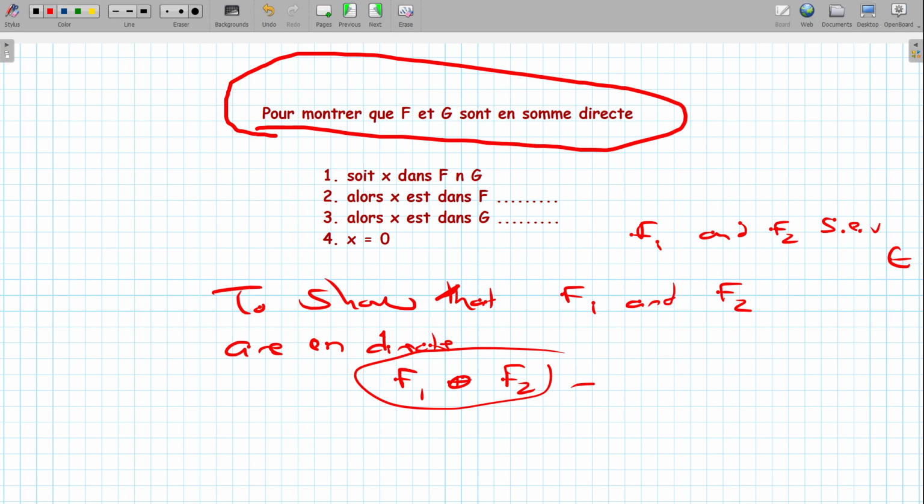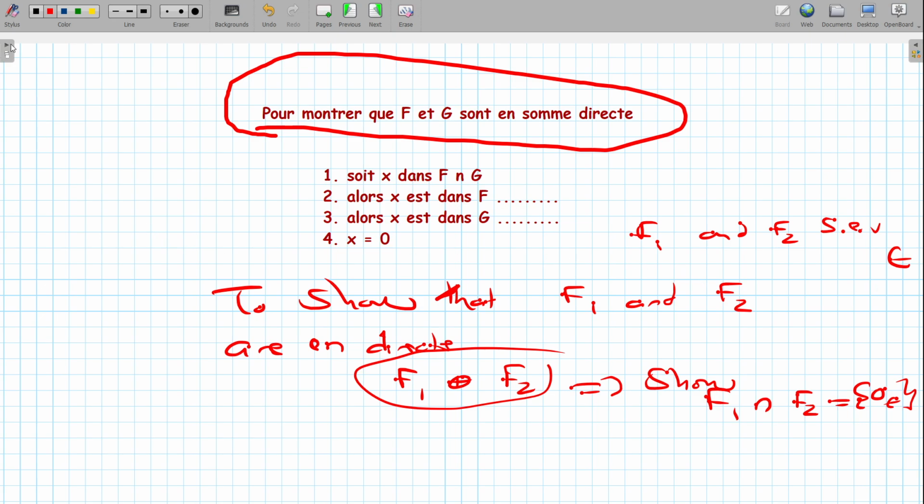So the goal, you have to show that f1 intersection f2 is equal to the zero vector of E. Meaning the only vector that is in the intersection is the zero vector. That is what you're supposed to show.